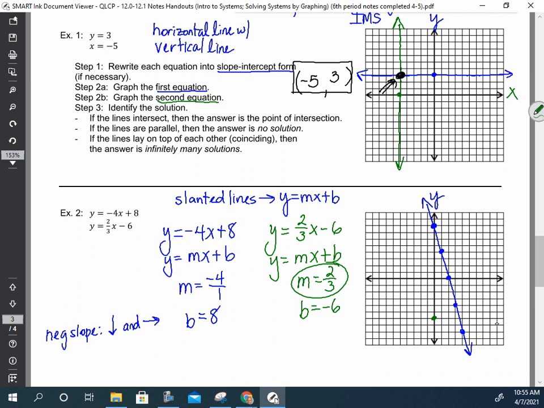This time your slope is positive. Positive slope means you go up and to the right. So go back to your -6, go up 2, to the right 3. What's your point?